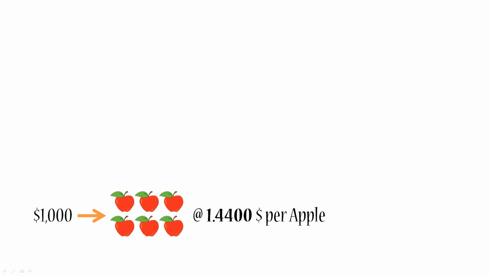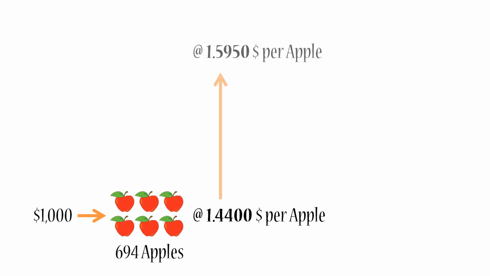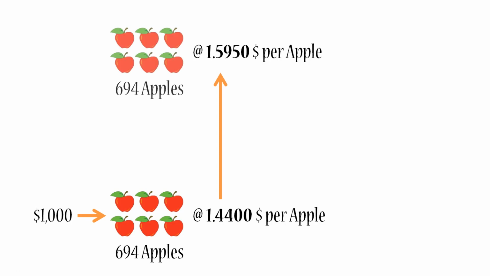So now our example says that the trader had $1,000 which he invested into apples at the price of $1.44 per apple. This means that he bought 694 apples. Next, he waited a certain number of days until the price for apples grew to $1.5950 per apple. And at this point in time, he still has 694 apples. What he did with these apples next is he sold them at the new price.